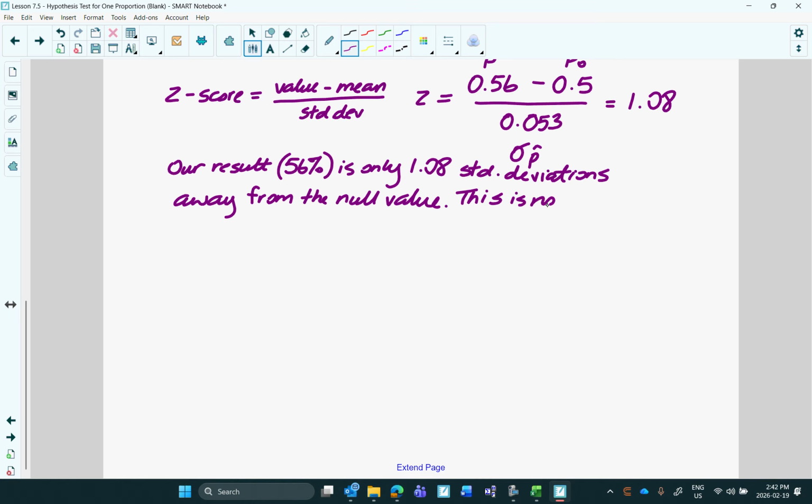This is not unusual. So really, right there, it kind of tells us that no, home teams didn't have an advantage, because that 56% is not an unusual result. But we need to be a little bit more precise than that.